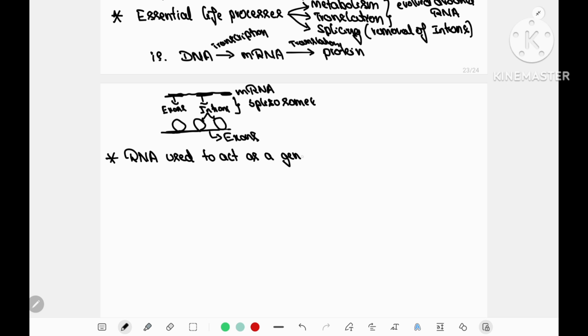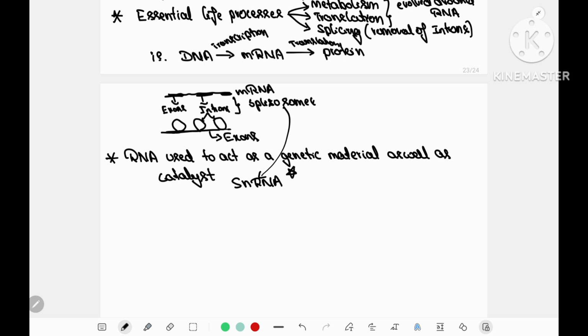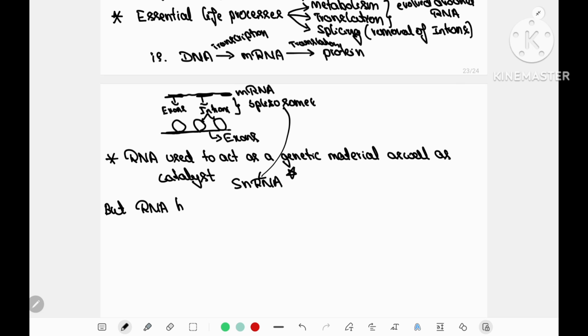Now, RNA used to act as a genetic material, but it also can act as a catalyst. For example, in the earlier example we studied, for splicing, spliceosomes are responsible. Spliceosomes are enzymes which have majorly small nuclear RNAs acting as a catalyst. But RNA being a catalyst, it is very much unstable.